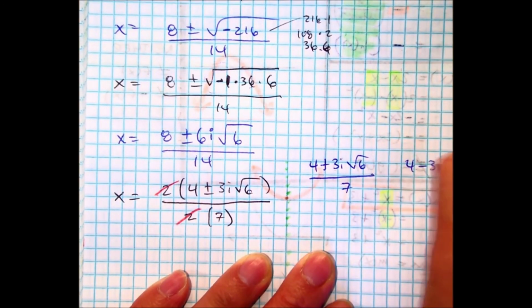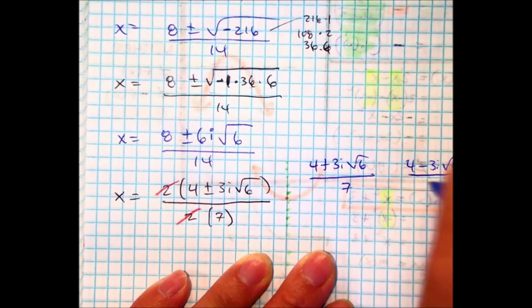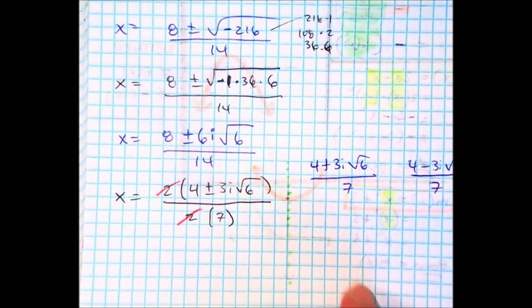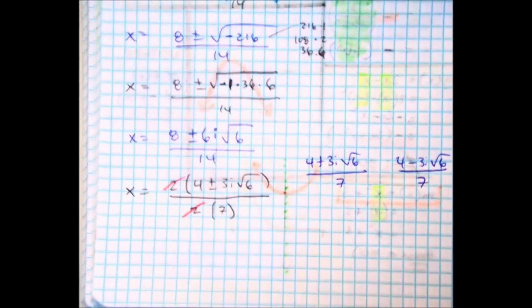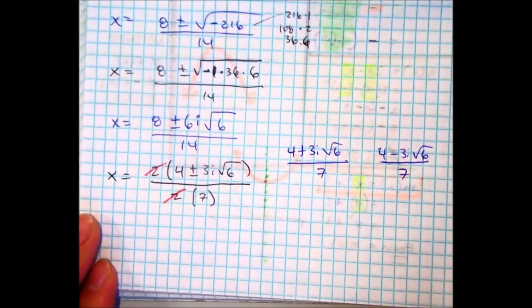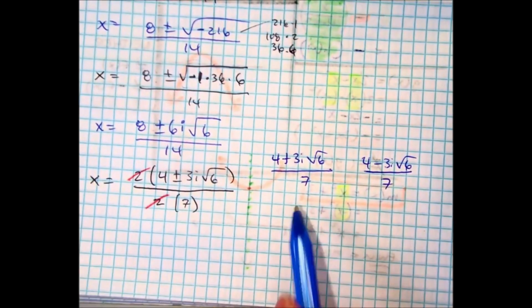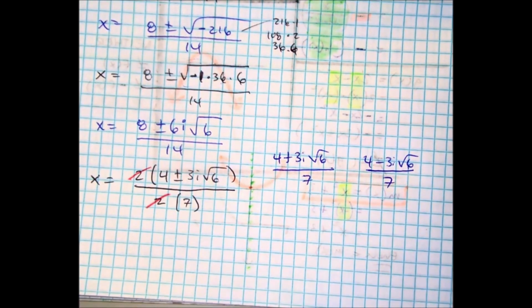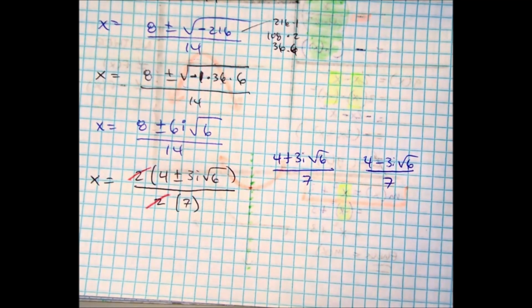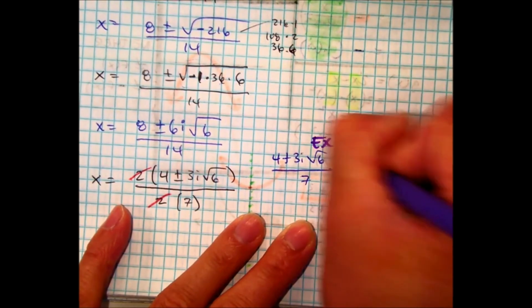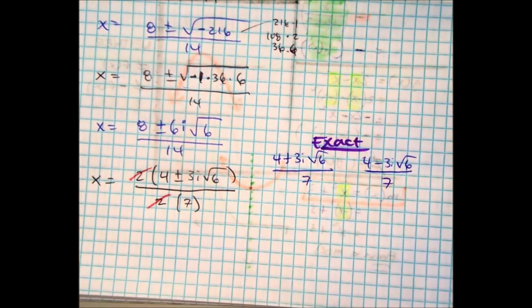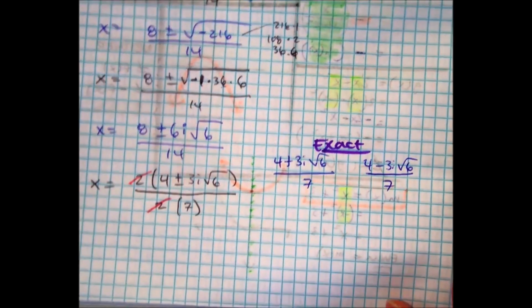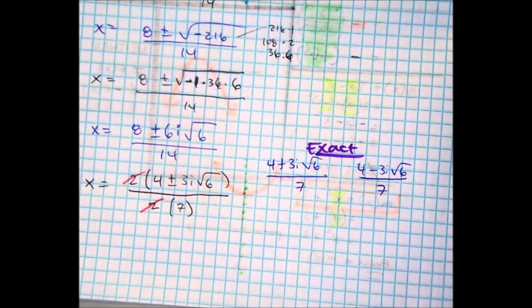Remember, that's actually 2 solutions, so here I wrote 1 plus, 1 minus. Again, I'm trying to show you that there are 2 solutions. So I've basically split the plus or minus, and this we call an exact answer. It's exact because we don't have to round.